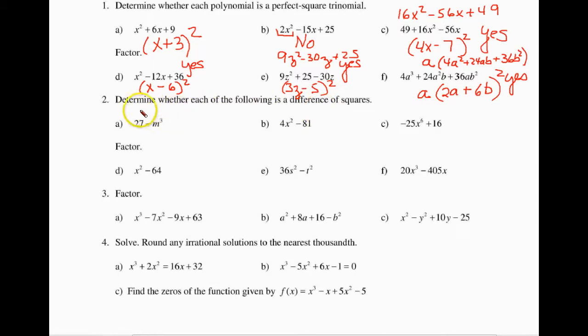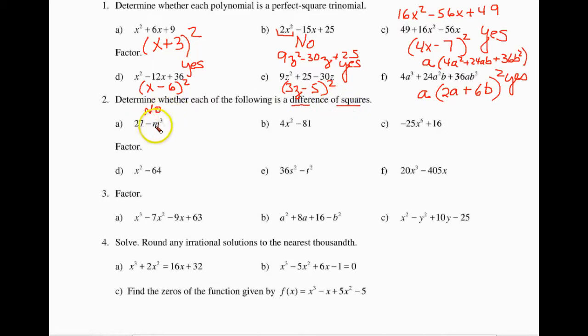And now they're asking us to determine whether the following show the difference of squares. Is this a square? No. So this isn't the difference of squares.